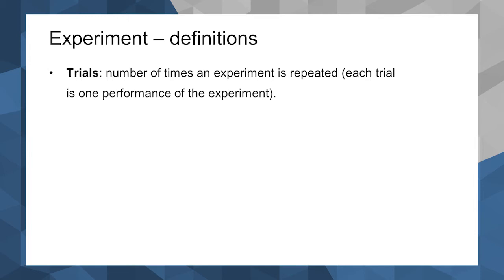Within an experiment, you've got the outcome, which is the result that you get from that experiment. But each time you conduct that experiment, you call that a trial. I'm sure you've heard the concept of trials in court. That's an experiment, which is there is supposedly a crime that was committed, there is a trial that takes place, judge the different outcomes, guilty, not guilty, and there is an outcome.